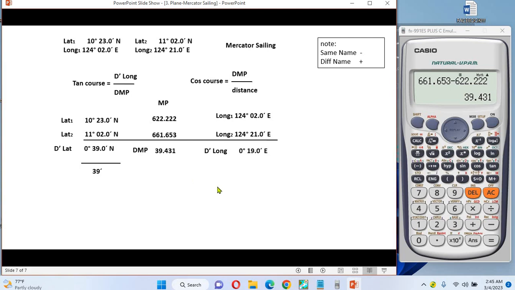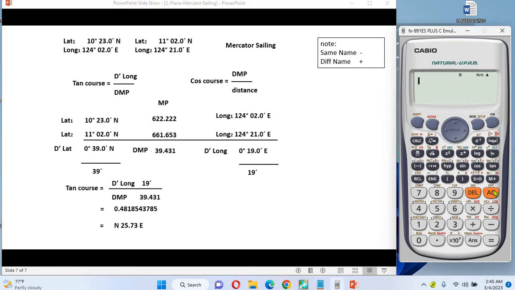So bring down 19 and then enter the formula for the tangent course. So d long, all clear. D long is 19, and over DMP is 39.431.